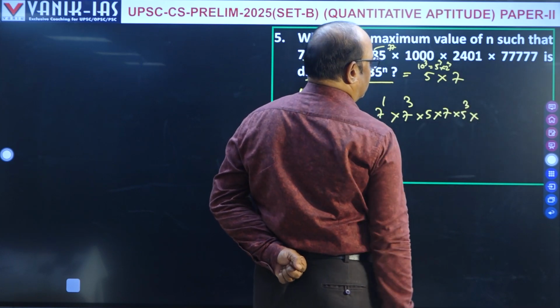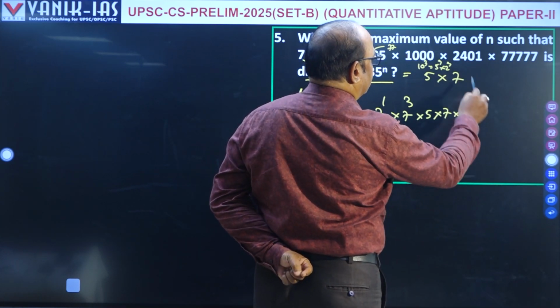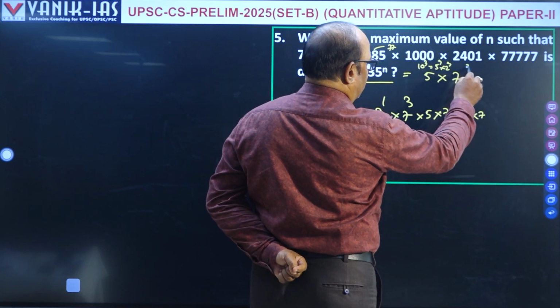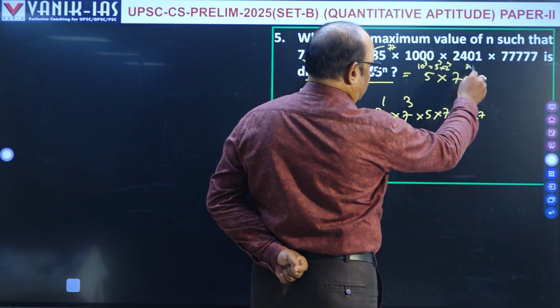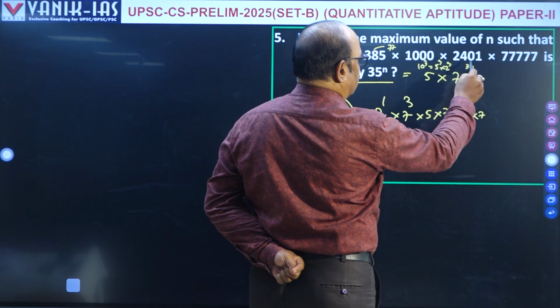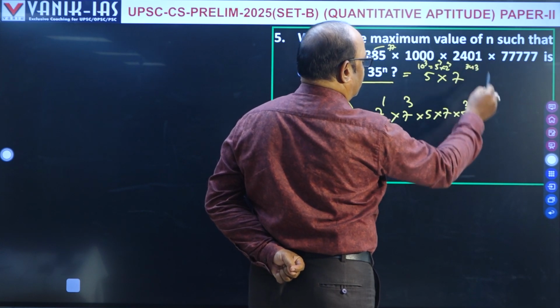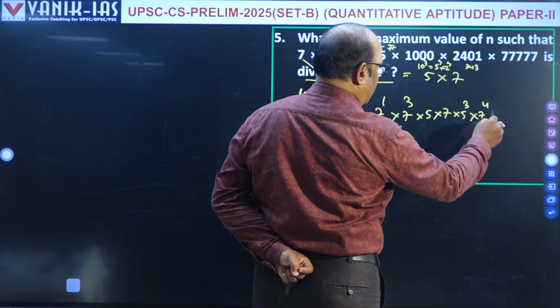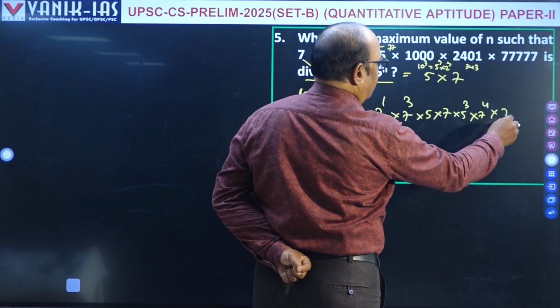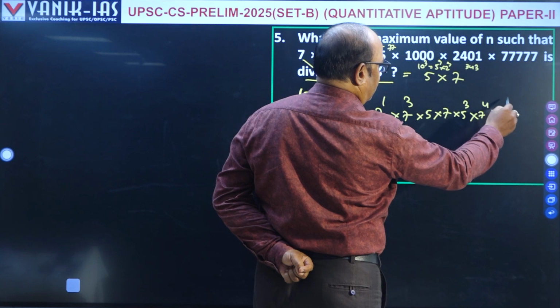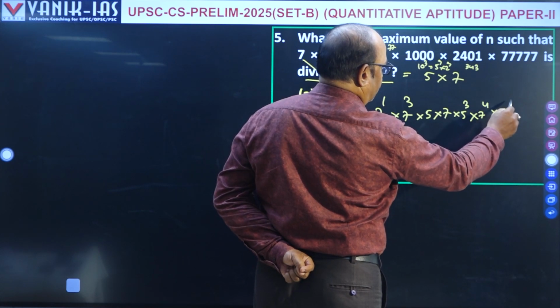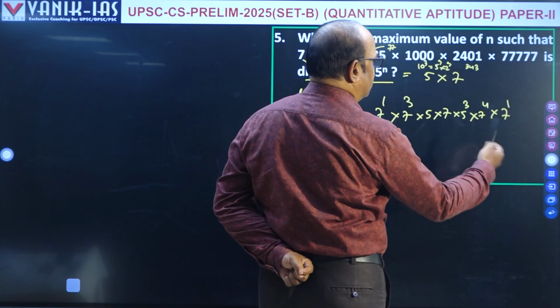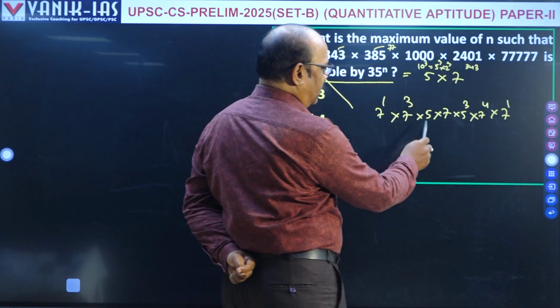And here 7, 3 sevens are 21, then 343. So that means 7 to the power 4. Maybe 7 more is there because 5 is very less.